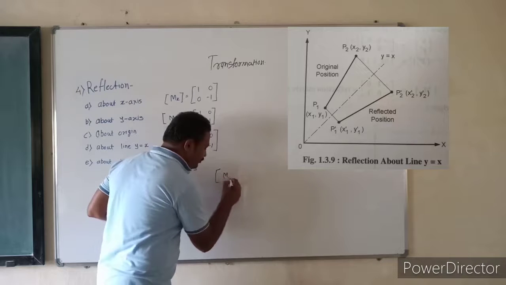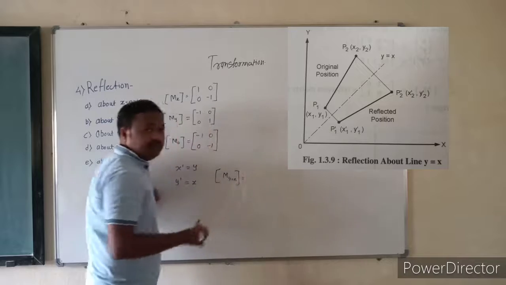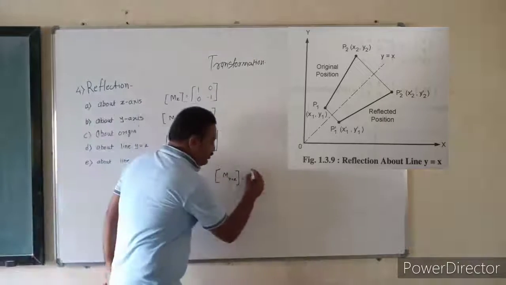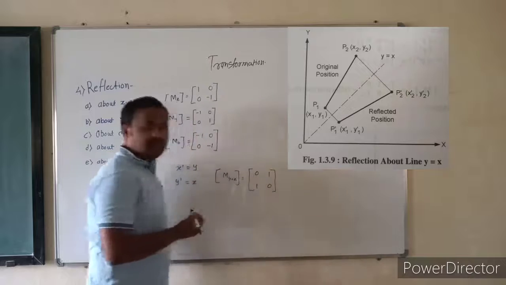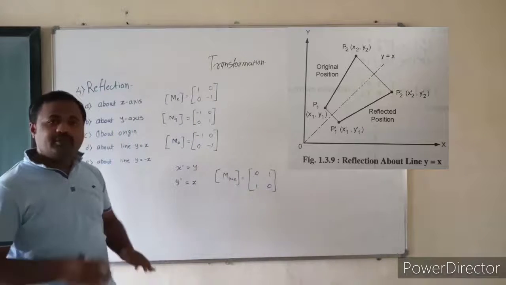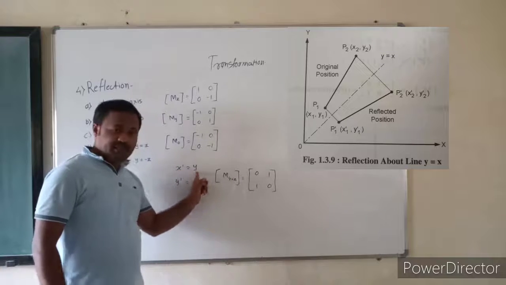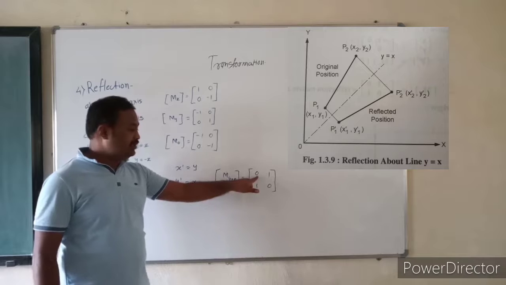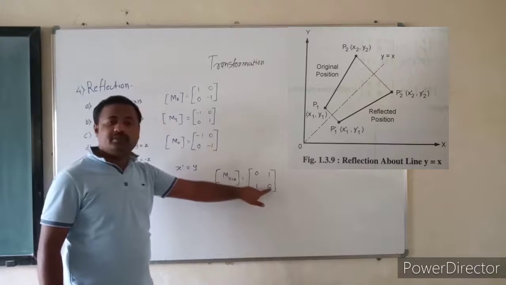0, 1, 1, 0. Only x dash becomes y, y dash becomes x. Therefore, here first is 0, then 1, 1, then 0.